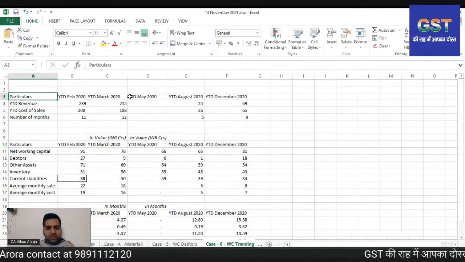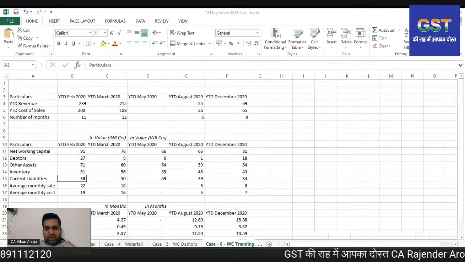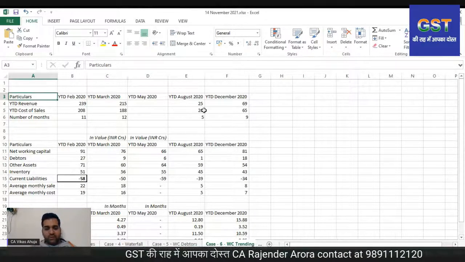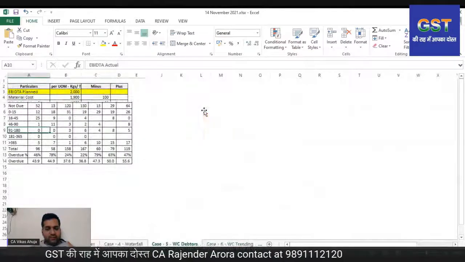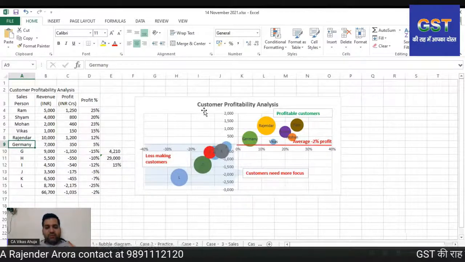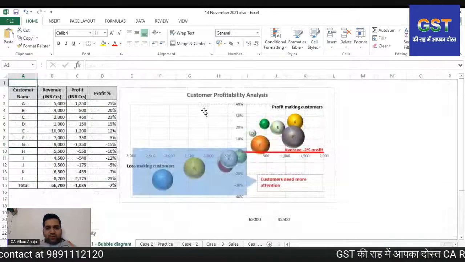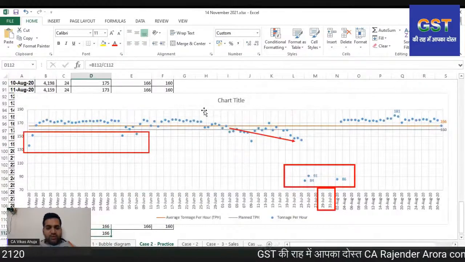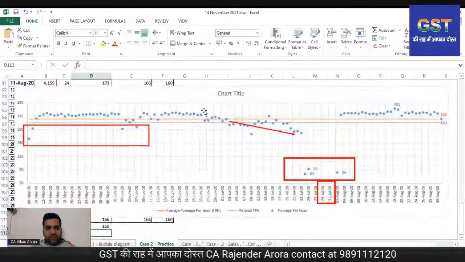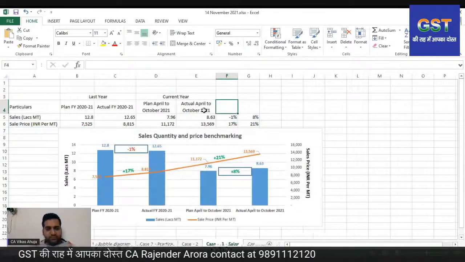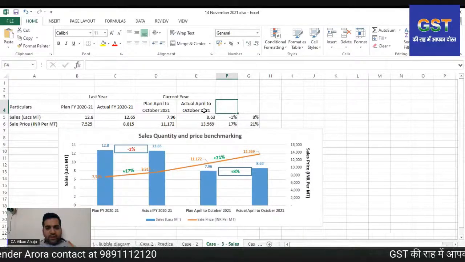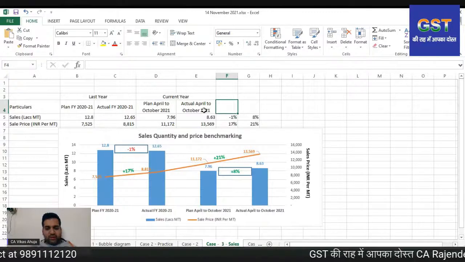Today we'll be discussing working capital trending. We have come a long way, starting from the bubble graph. Then we touched upon the productivity graph to check daily productivity, and moved on to monitoring the sales rate trend and the quantity trend in this graph.